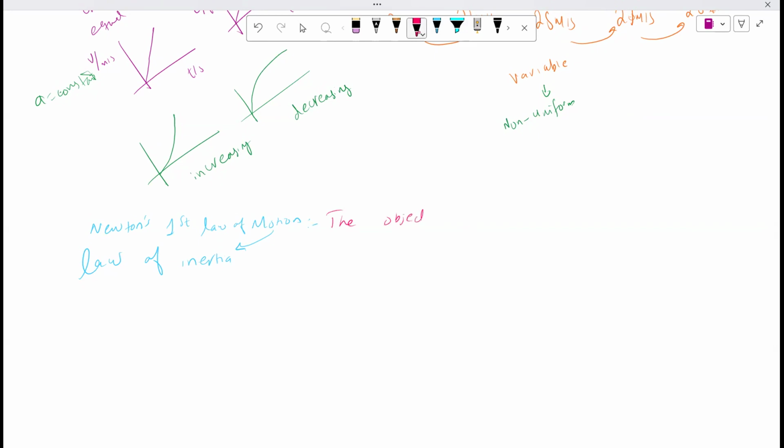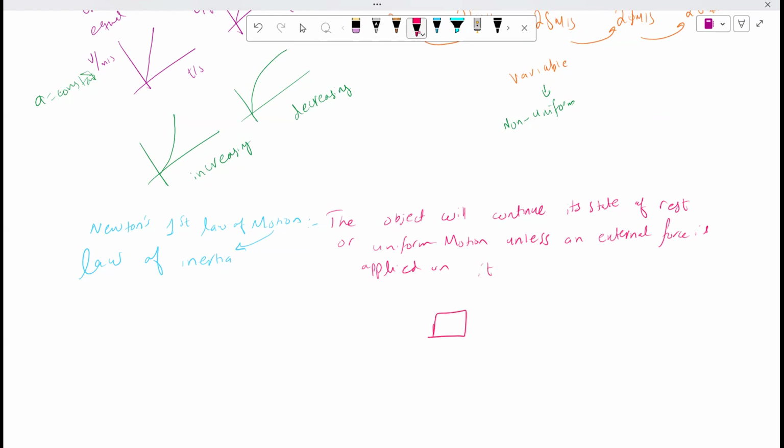An object will continue its state of rest or uniform motion unless an external force is applied on it.